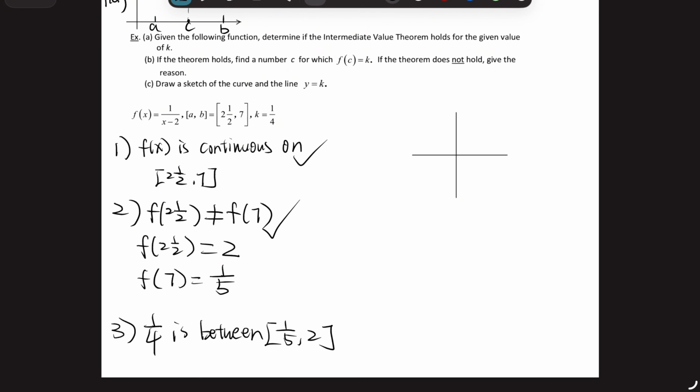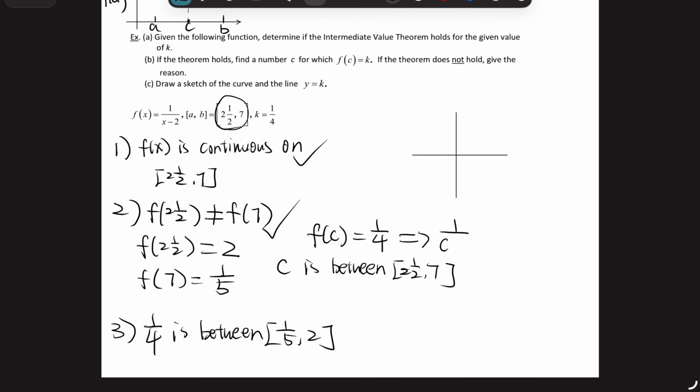Therefore, there must be a value of c in this interval, and f of c equals 1 over 4. And how do we find c? We just simply plug x equals c in. We get 1 over c minus 2 equals 1 over 4. So c apparently is 6.